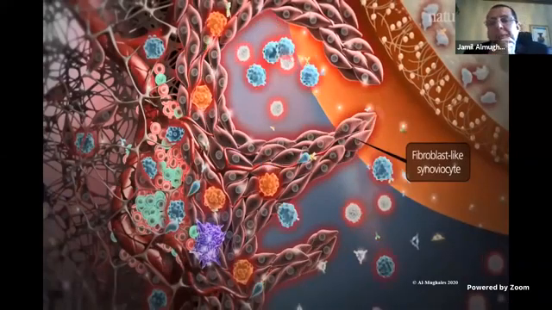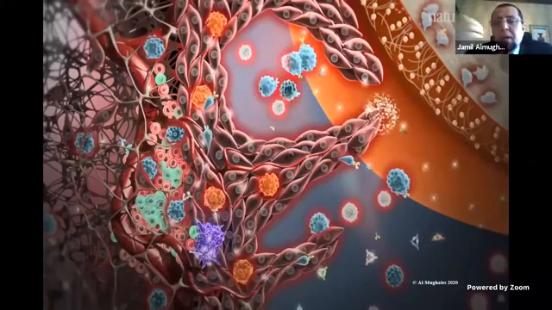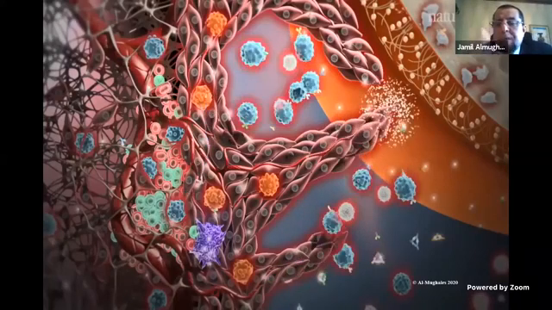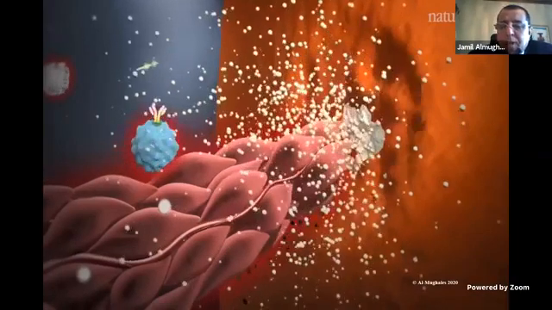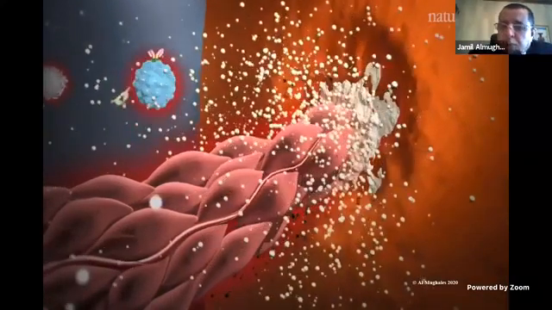So here the fibroblasts produce a lot of enzymes, proteins, and cytokines that destroy the whole tissue due to the autoimmune reaction and to autoimmune antibodies.